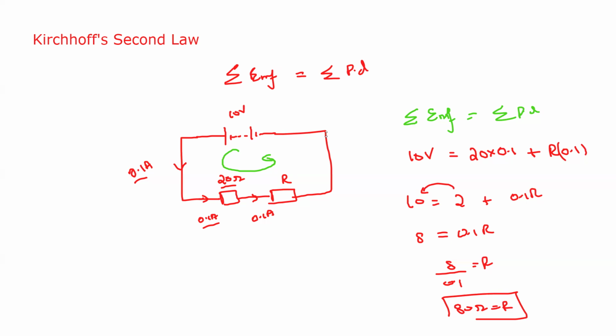Okay. Now, this was a single loop. What if we have two loops, like a circuit with multiple loops? In that case, you have to divide the question into different parts.